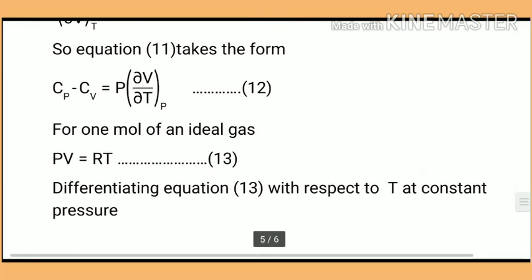For 1 mole of an ideal gas, PV is equal to RT, because the value of n is 1.